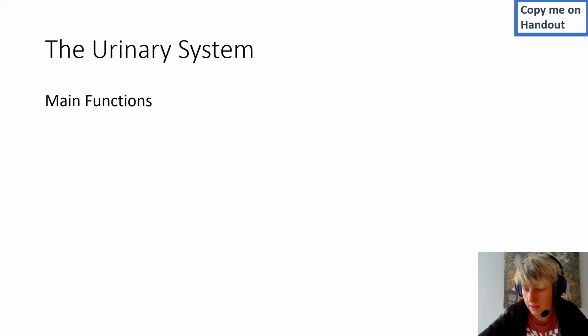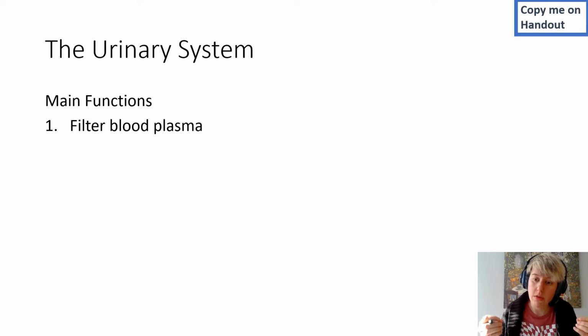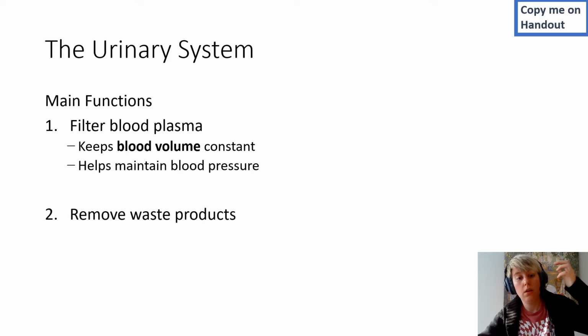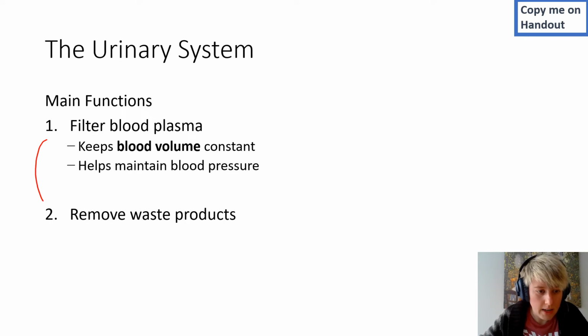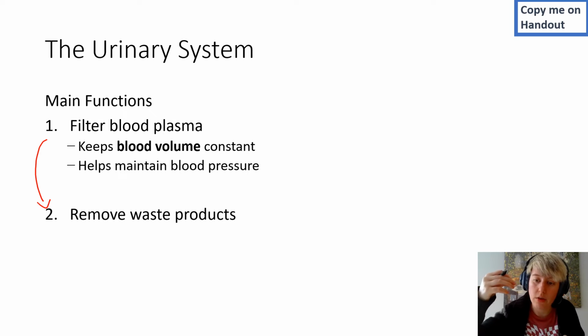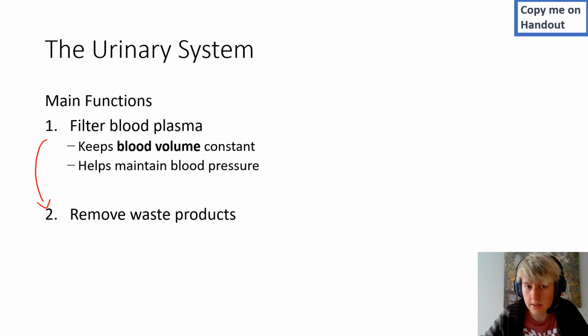Now, the urinary system is basically the system that is involved with two things. One, filtering your blood plasma to remove all of the waste products, and two, removing your waste products. So the filtering of the blood plasma directly ties into the removing of the waste products, because when you're filtering the blood plasma, the waste that is in the blood gets removed, and then the purified blood continues traveling throughout the entire body. Now, this actually keeps the blood volume constant.